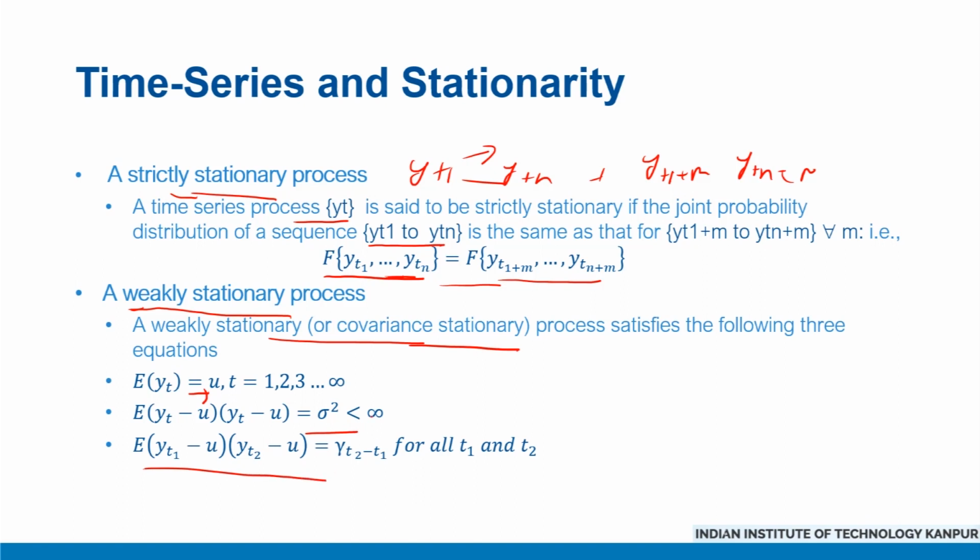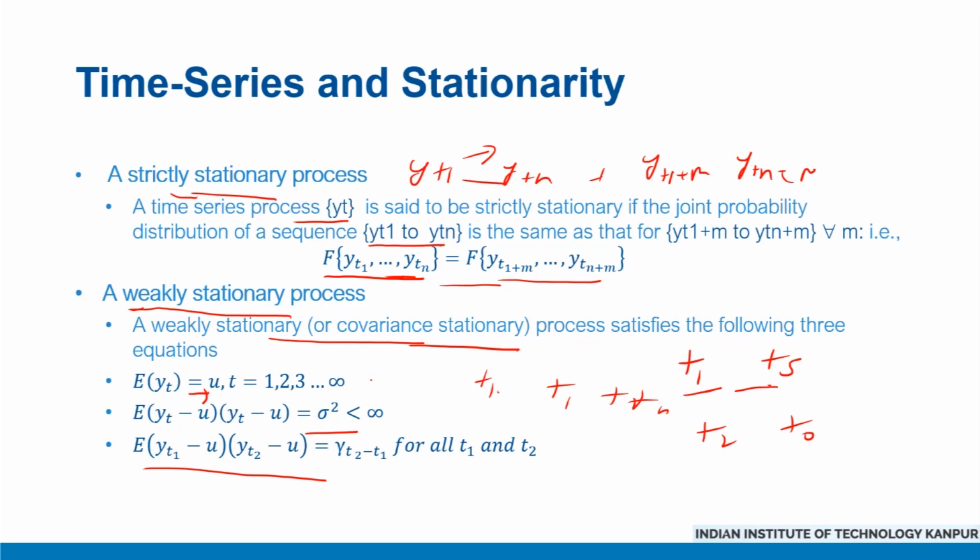So it does not matter which T1, T2 or Tn we are looking at. What matters is the difference between T1 and T2. For example, if you are looking at two sequences, T1 to T5, their autocovariance will be the same as T2 to T6. What matters is not at what time they are, only their difference, and you can identify the correlation.